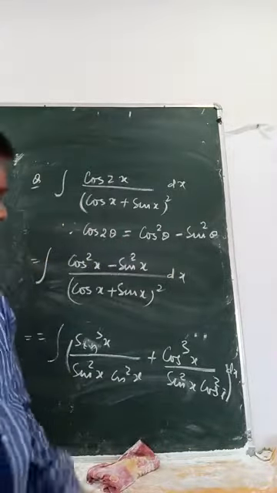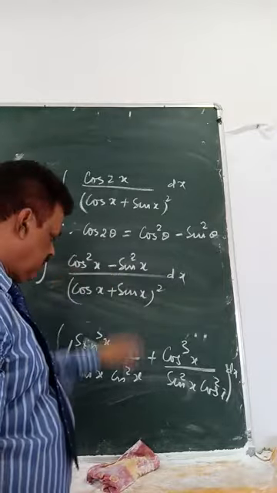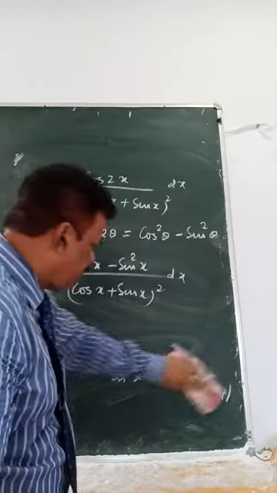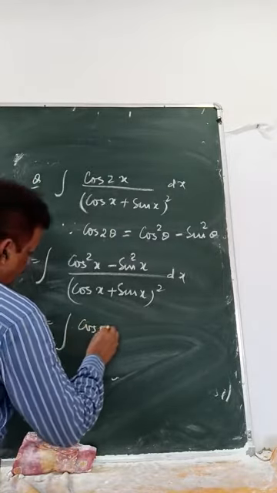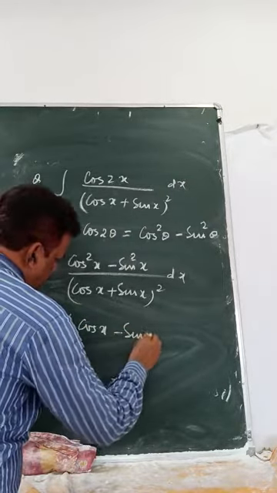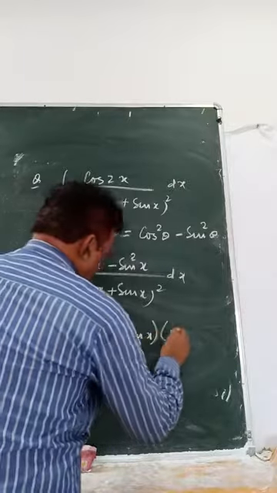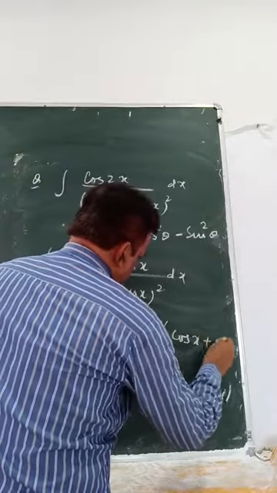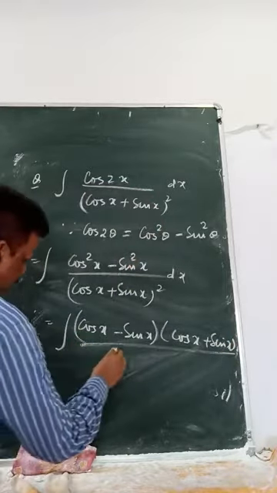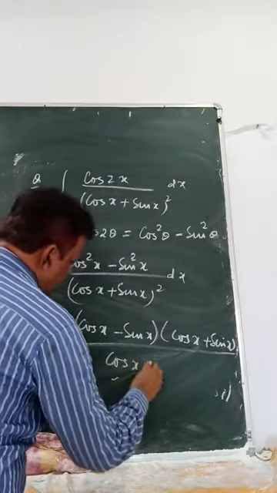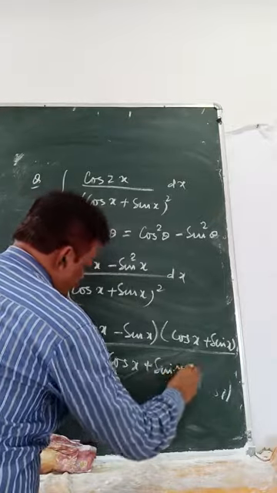Now I can factorize it. Factorization will give you (cos x minus sin x)(cos x plus sin x) divided by (cos x plus sin x) whole square.